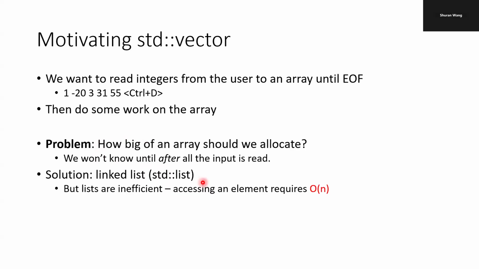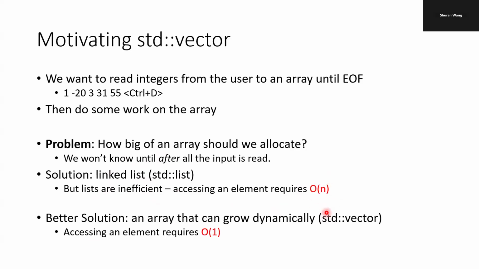So what we need is something that can grow in size while we're reading in all of the data. We could use linked lists, but lists are inefficient, especially if we want to do some work on the array later, because to access an element we'll need to go to the head and traverse through the list, and that's O(n) time complexity.